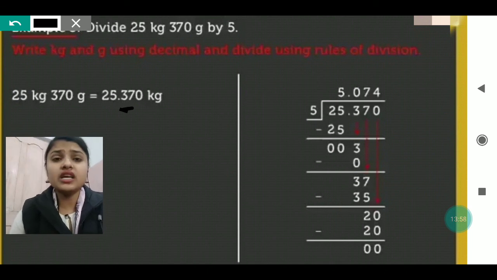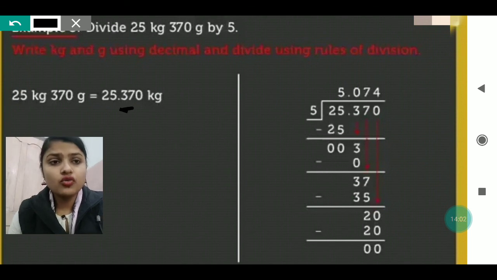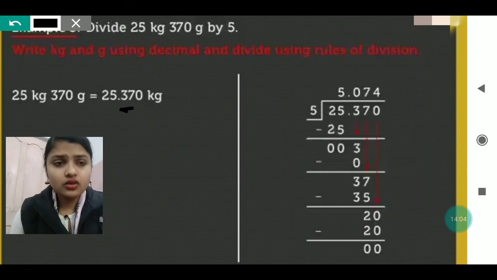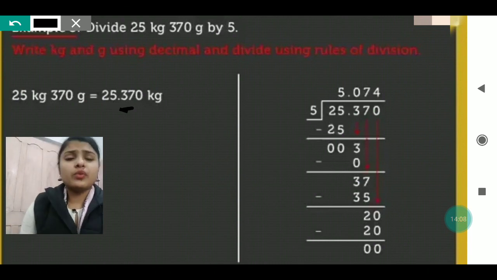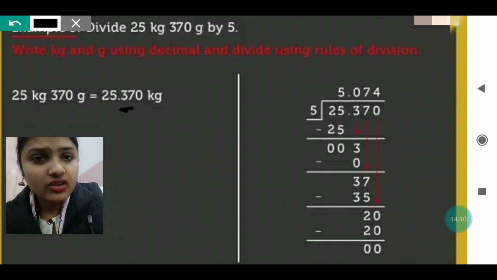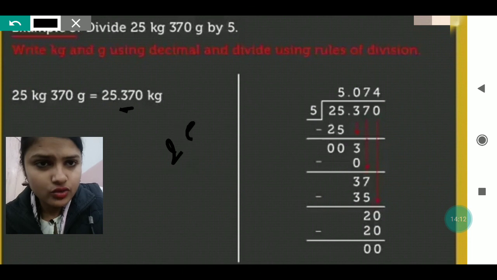After putting it like that, you can see 25.370 is written. In place of that, if we convert it, we will get 25370.